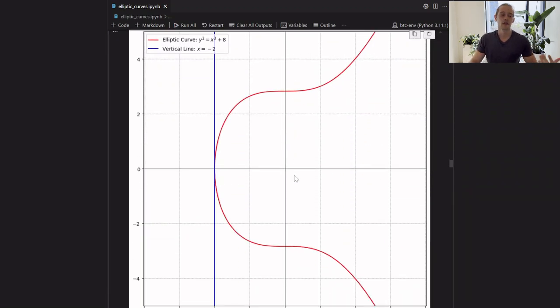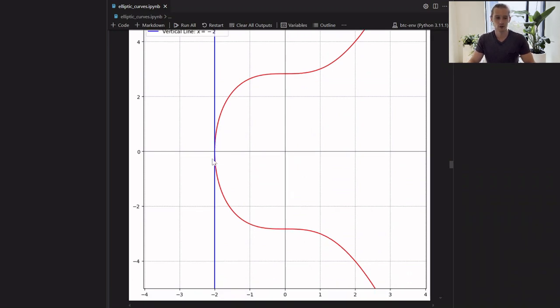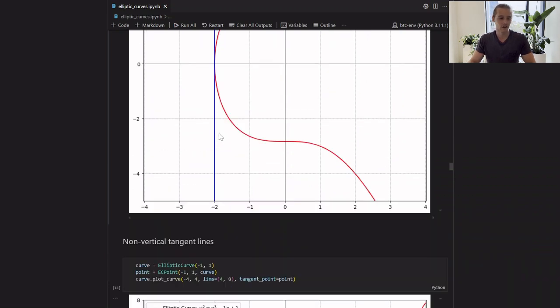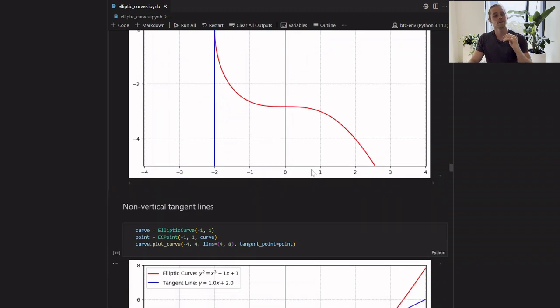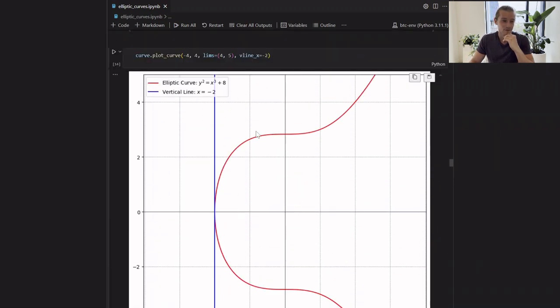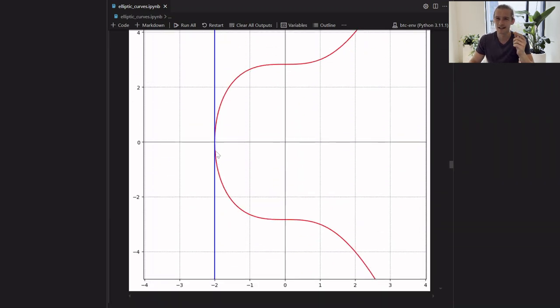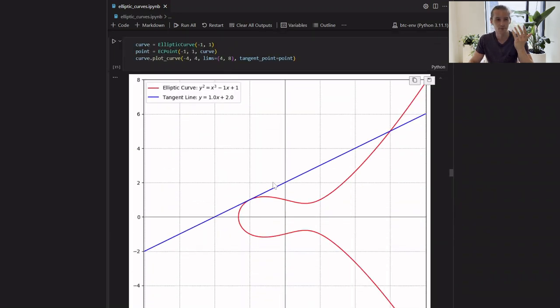And then the other vertical line, which is perfectly tangent to the elliptic curve at the U shape here, is another special case. Now, what happens if we have a tangent line like this, but the line is not perfectly vertical? In that case, it might look something like this here.